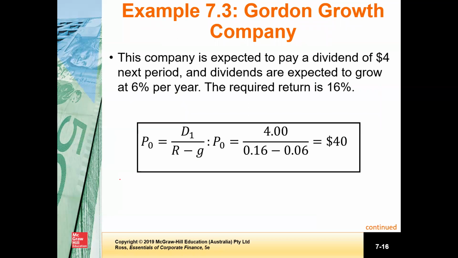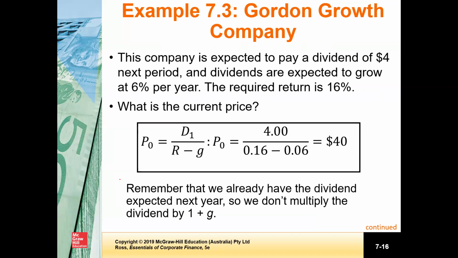This is just another example of the constant growth model. Just one point you need to remember: in some cases you may be given D0, and in some cases you may be given D1. For example, in this case, the company is expected to pay a dividend of $4 next period, which means you are already given D1, the dividend next year.